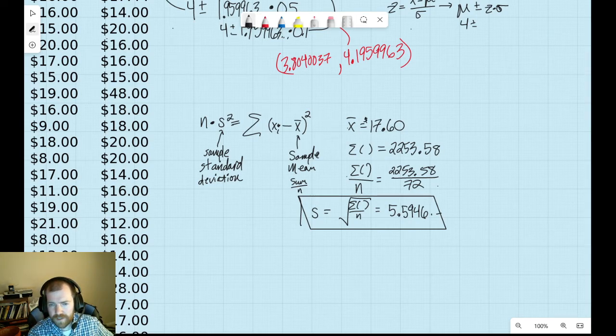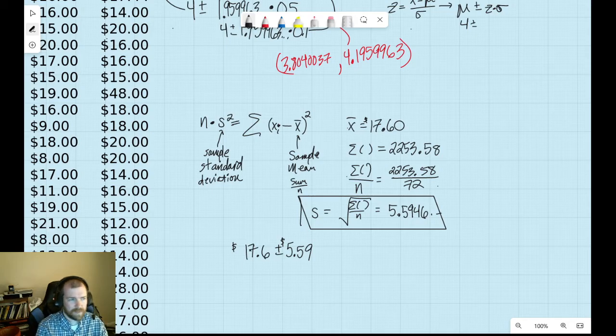So this is going to get us 17.6 plus or minus 5.595. I don't know. Probably don't need to bother. And also this is money, so like, what are you going to do with half a cent?